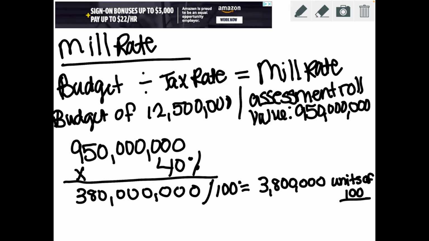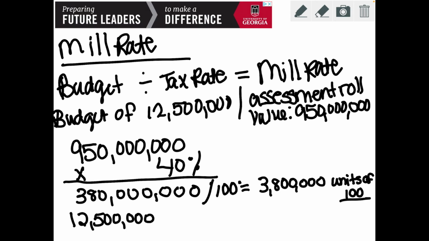So with that being said, my answer, whatever my answer is going to be, it is going to be per $100. So I take this, remember I'm solving for that original, I'm taking the budget. So my budget was $12,500,000. And I'm going to divide that by my $3,800,000.